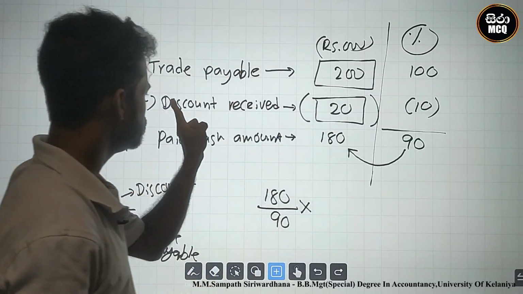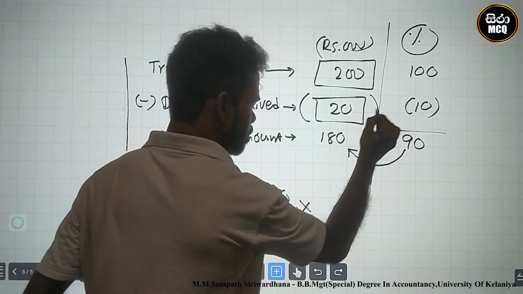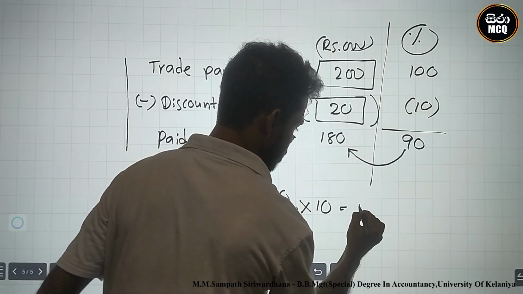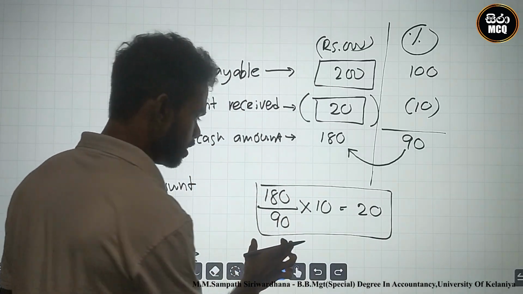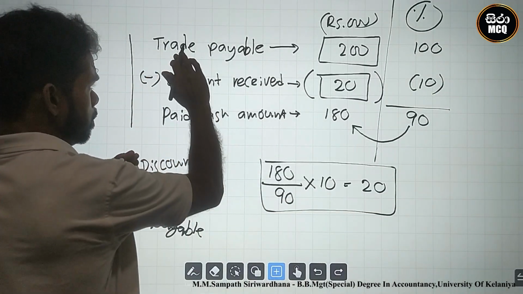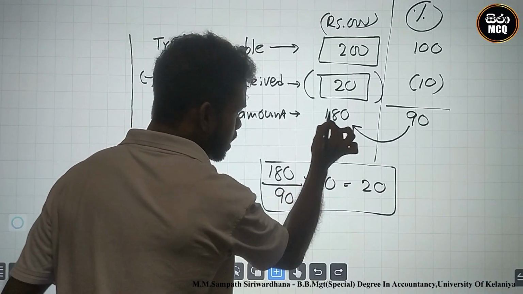Required means, you want the discount received, multiply by 10. The answer is 20. This is the discount finding.